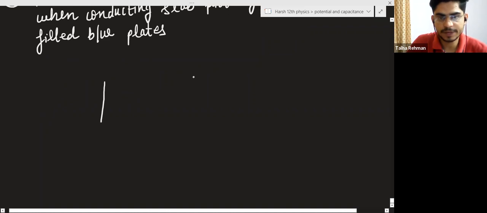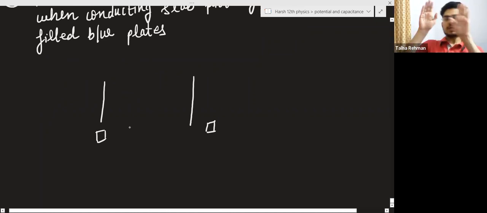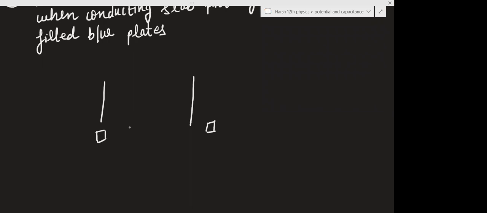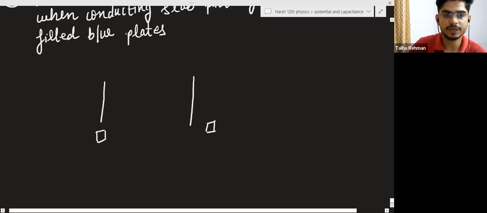These are two plates, and these plates are like this in actual, but you are only seeing the front side, like a straight line. So this is one plate. This is another plate, the negatively charged plate.